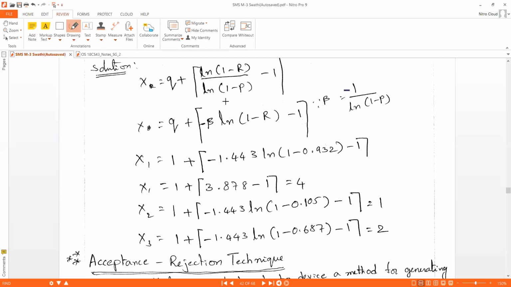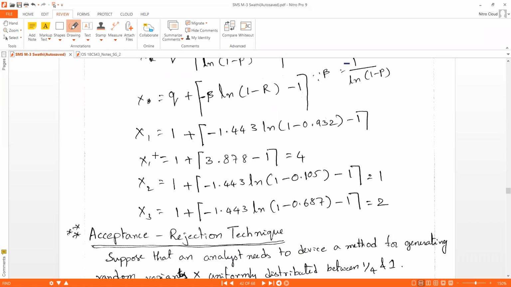So here in place of 1 by ln of 1 minus p, we are substituting the beta value. This minus will go to this side, so 1 by ln of 1 minus p will be minus beta. So we are substituting minus beta here. Now we know the value of beta, and the r value and q value are given in the problem.